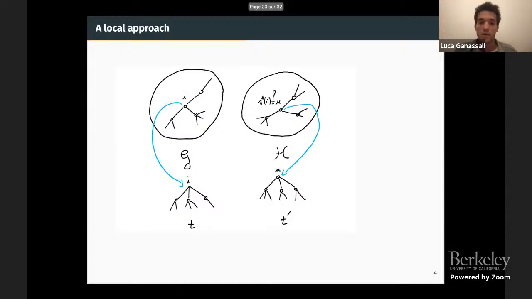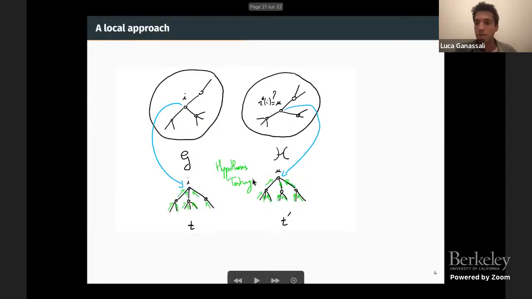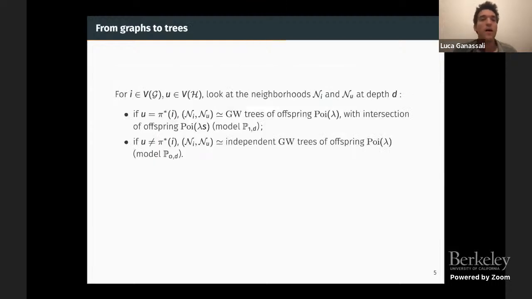So this is a hypothesis testing problem, and to be more precise, what are the hypotheses? Here, if we're in the situation where I and U are matched, the two neighborhoods will look like, in this regime, Galton-Watson trees up to depth D, but they will have a common intersection, right? They will be correlated in terms of edge presence.